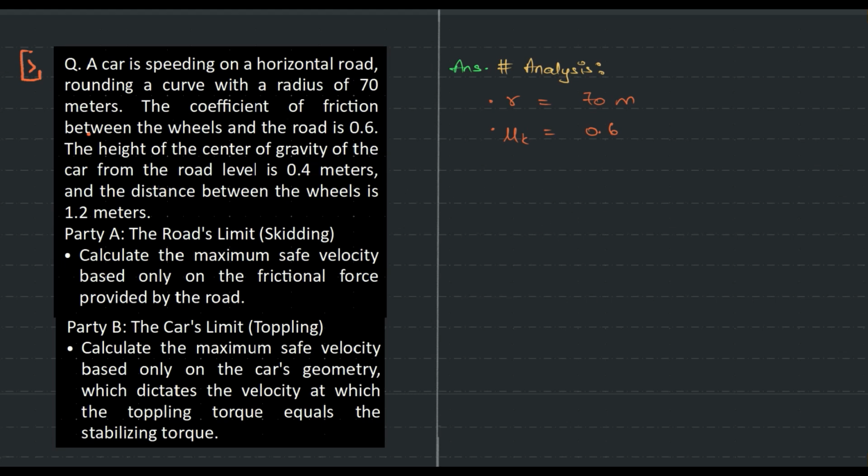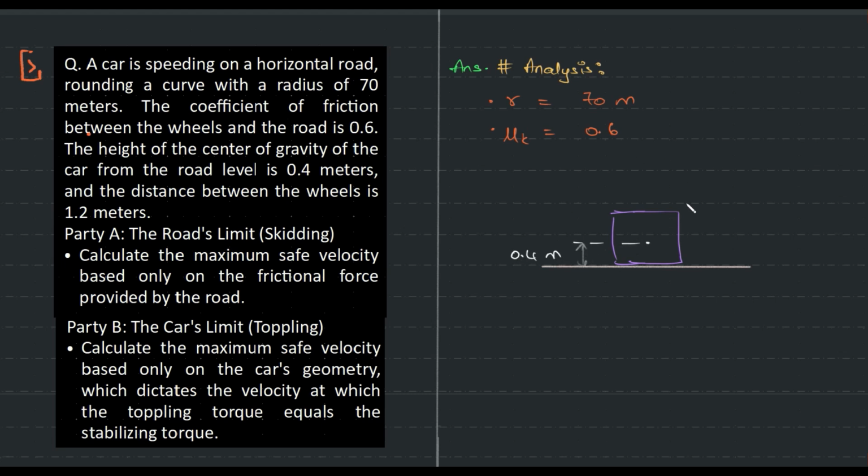Let me do this. For this question we have two parts, and the second part uses this. Say we have a car, and the height of the center of gravity. So the car's center of gravity is somewhere over here. This is around 0.4 meters.